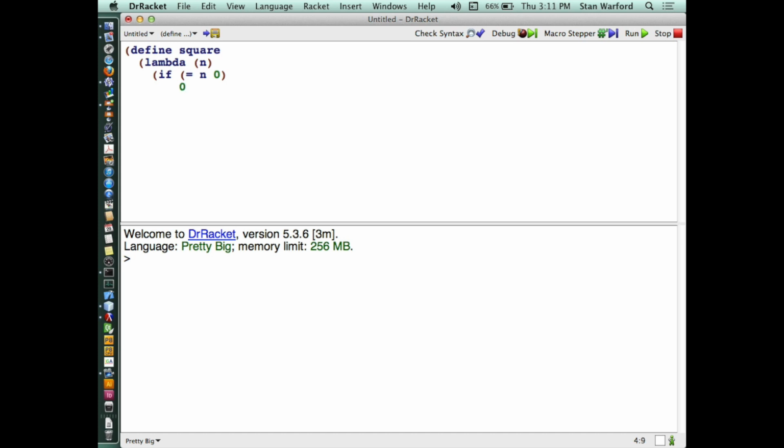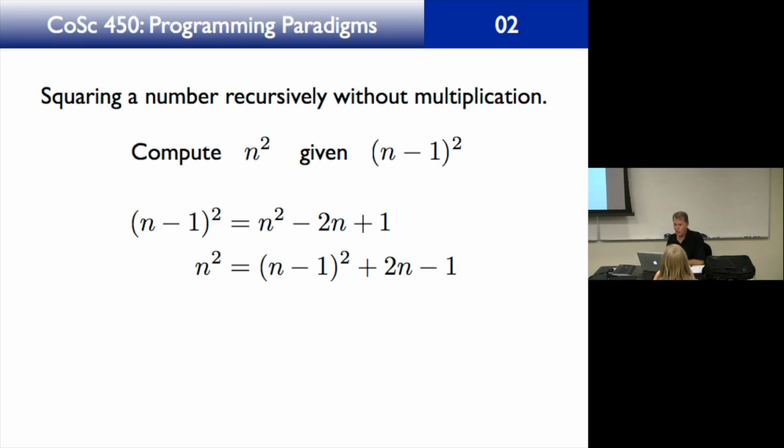Yeah. Okay. Well, now what goes next? Here, let's go back to the slide. No, the question is, aren't you going to still use multiplication because we're squaring n minus 1?